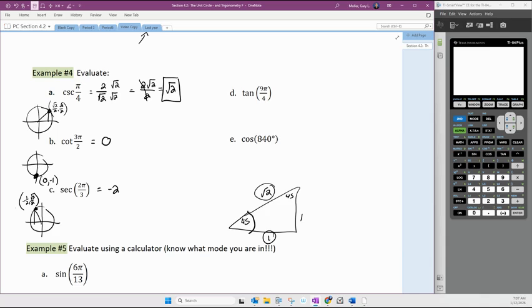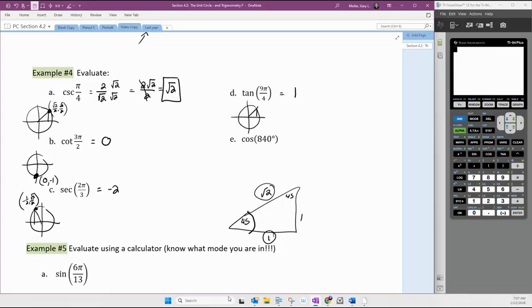That depends. 9 pi over 4 is where? 9 pi over 4 is coterminal to pi over 4, because 8 pi over 4 gets me all the way around, and then 1 more pi over 4 is 9. So I know that both of the values, again, are root 2 over 2. And so the answer is going to be 1.